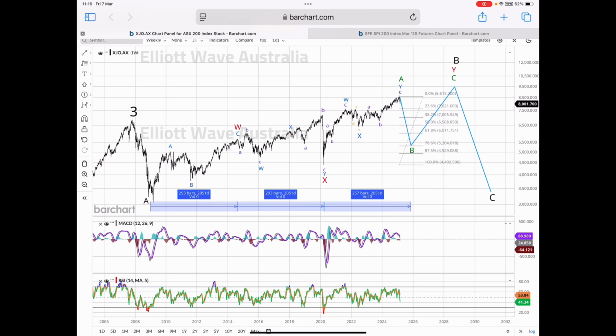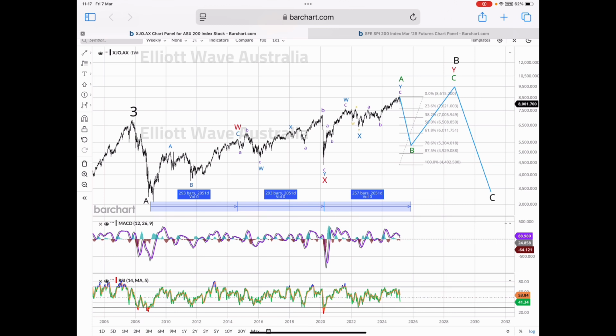And then that expanded flat for another corrective pattern into the GFC lows, and I've got that as wave X. Now you're going to see a lot of people having different counts, and the labels are slightly different, counted a different way, but at the end of the day, this is a corrective pattern from the March 2000 lows. So I don't want to get too caught up on the labeling convention, but it is a corrective pattern.